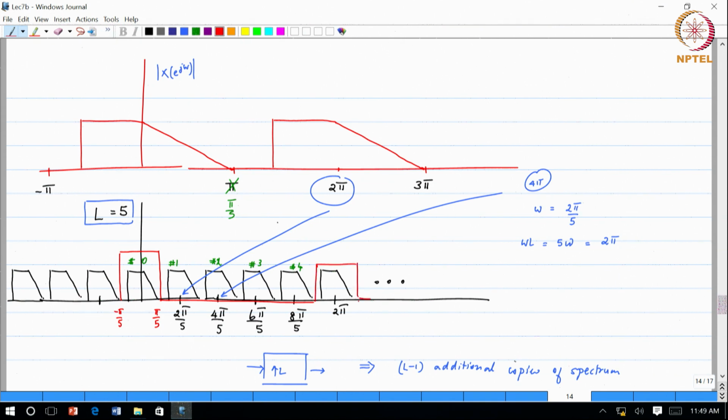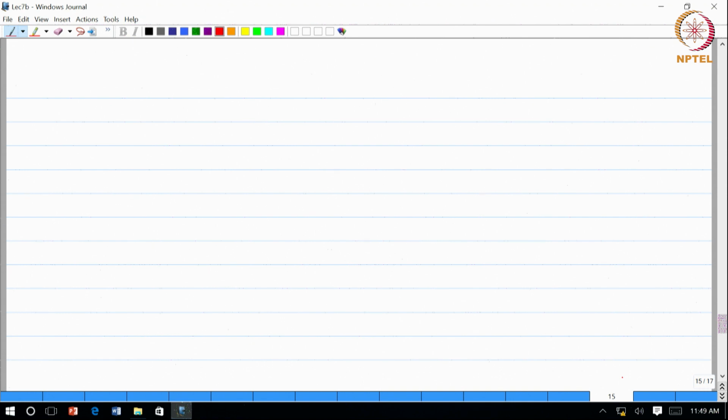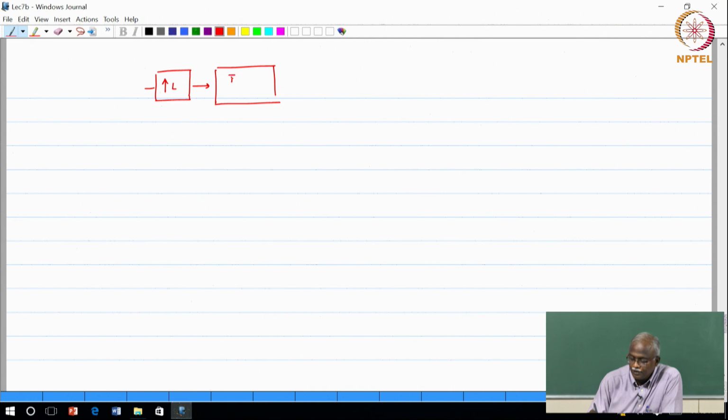Okay. If I remove the unwanted spectra through the process of filtering, then what do I get in terms of the visualization? I now have upsampling by a factor of L, followed by a low pass filter. Let me call it an ideal low pass filter. That means it has a brick wall response.